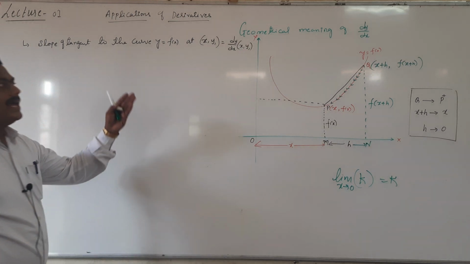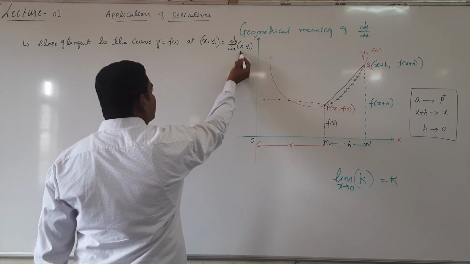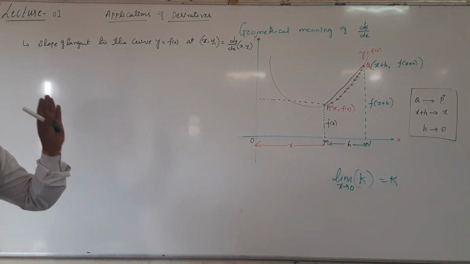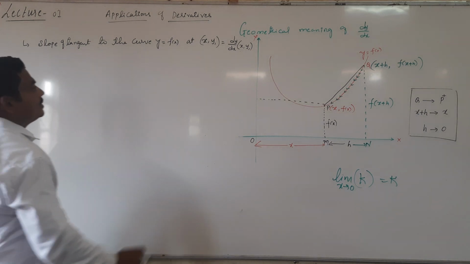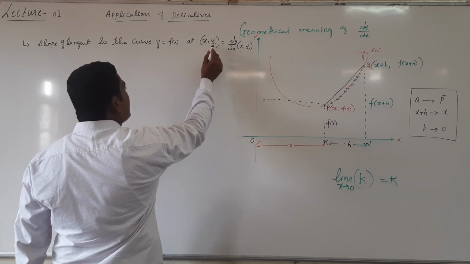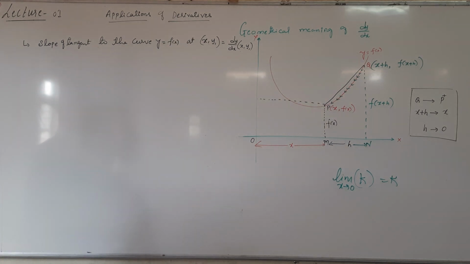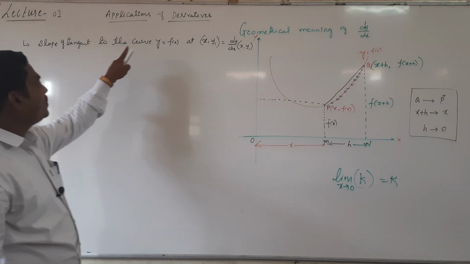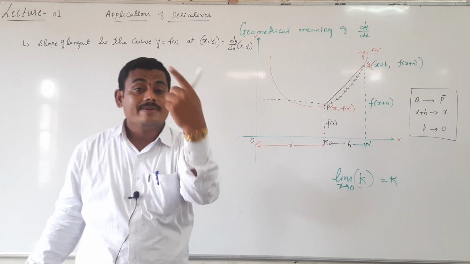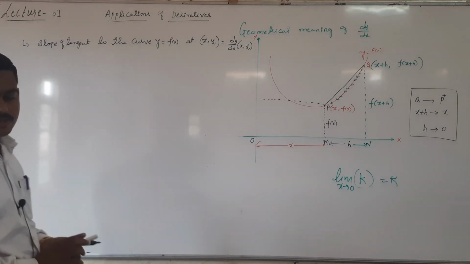Means derivative at a point, dy by dx at a point, is nothing but the slope of the tangent to the curve at that point. Right? Slope of the tangent to the curve y equal to f of x at x1, y1 is nothing but dy by dx at x1, y1. Right? Next.